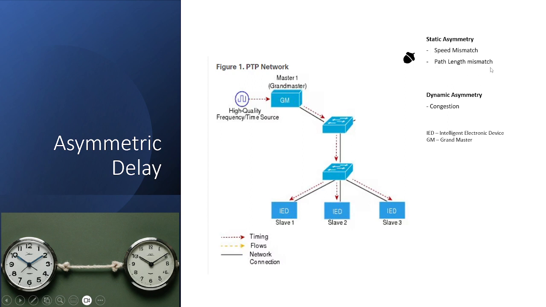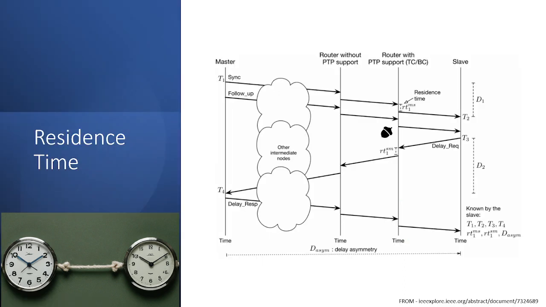The other thing is path length mismatch. So we are assuming that these are switched networks, but what if these are routed networks? If these are routed networks, then it's possible that, for example, if you have PTP routers in the middle with or without boundary clock, the ones that have the boundary clock support or transparent clock support are able to accommodate the fact that there are these errors and the storage and buffering of these packets.